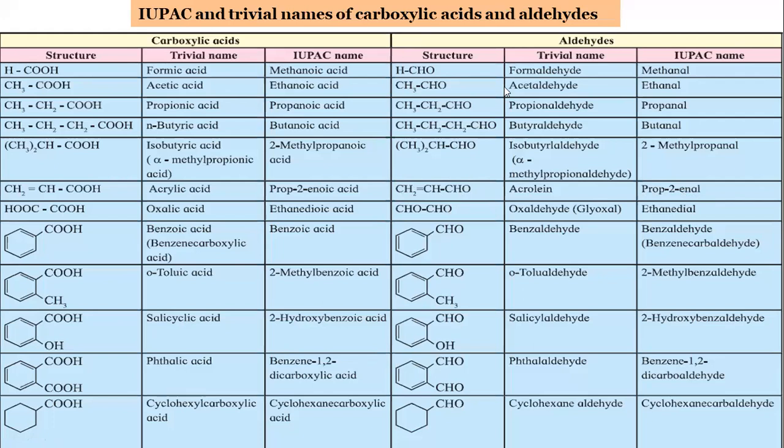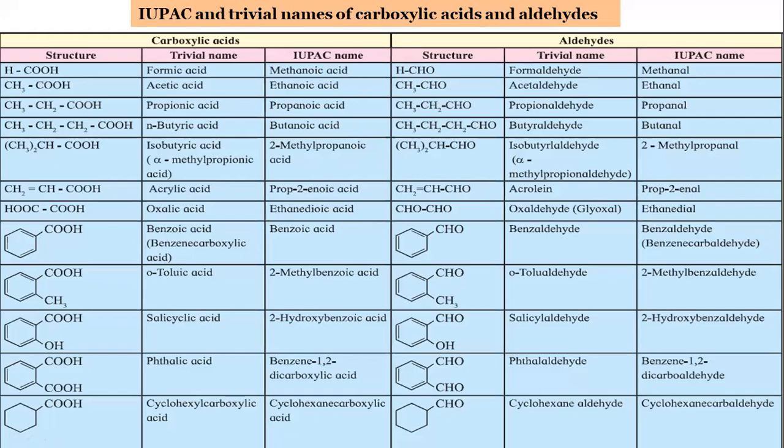Remember one thing, in this chapter, one IUPAC name will be asked. So make a note there for the chapter aldehydes, ketones and carboxylic acids: 1 mark is always reserved for the IUPAC nomenclature system. They may ask the structure or they may ask the nomenclature.